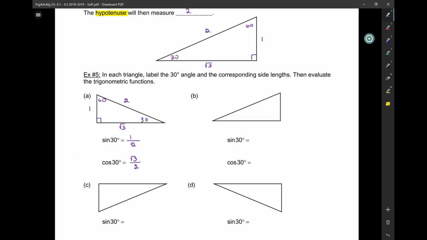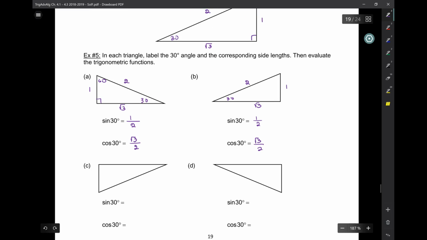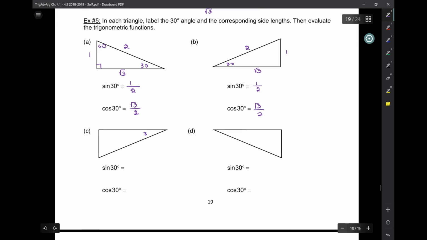Once we figure out that this is 30, and that's 1, root 3, and 2, then it's always going to be the same. Even for triangle C, if this is 30, the opposite is 1, root 3, and 2. So sine would be 1/2, cosine would be root 3 over 2.